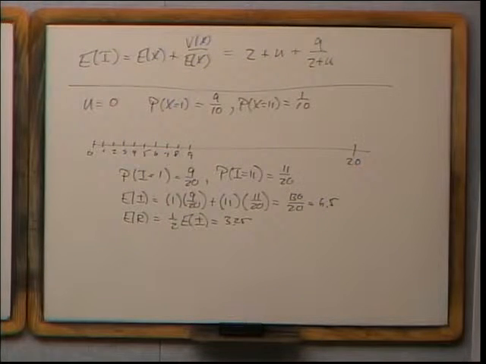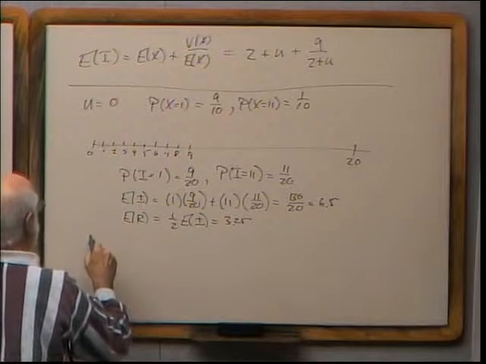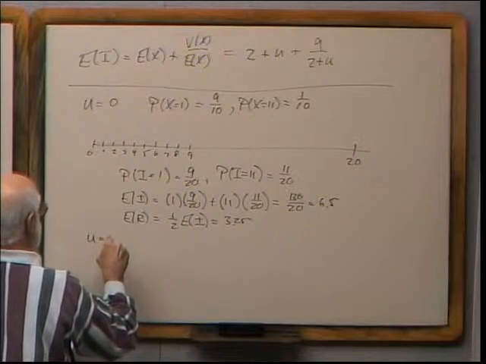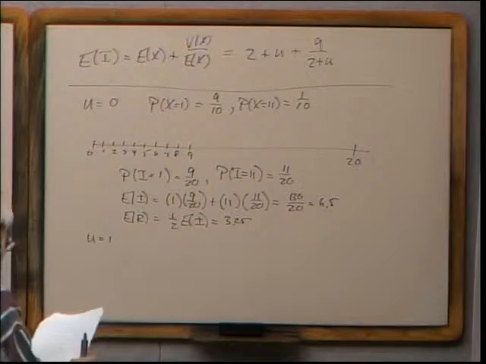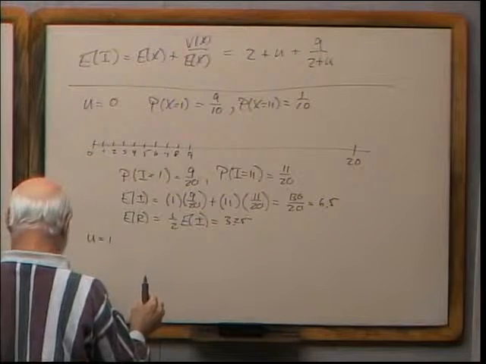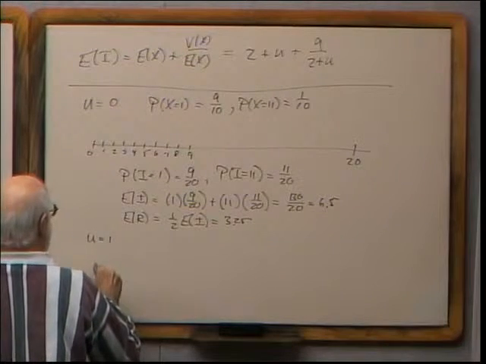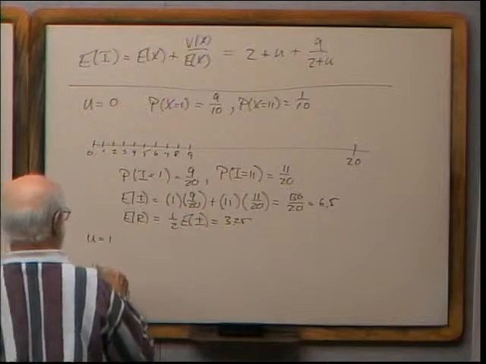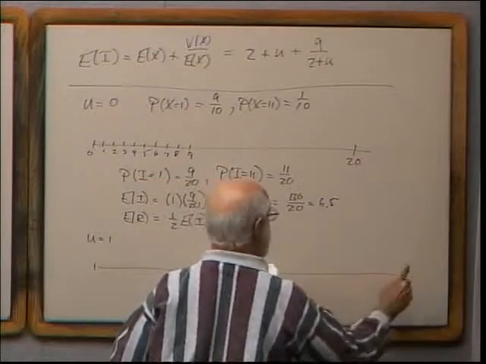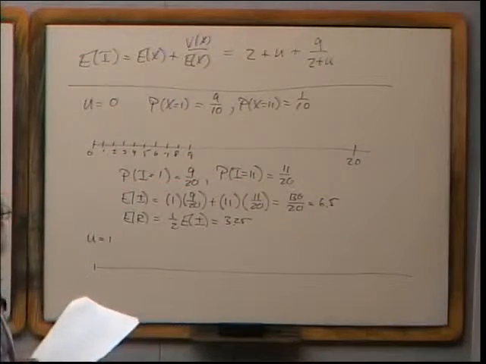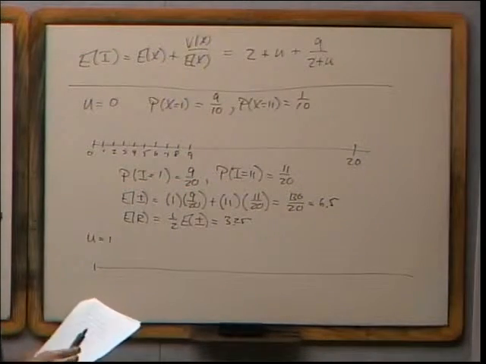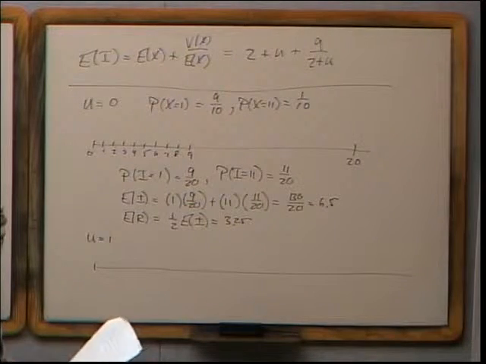Okay, now let's take the case where u is equal to 1. If u is equal to 1, what does the diagram look like? Here I'm going to draw the same kind of diagram. When u is equal to 1, the x's can be either 2 or 12.